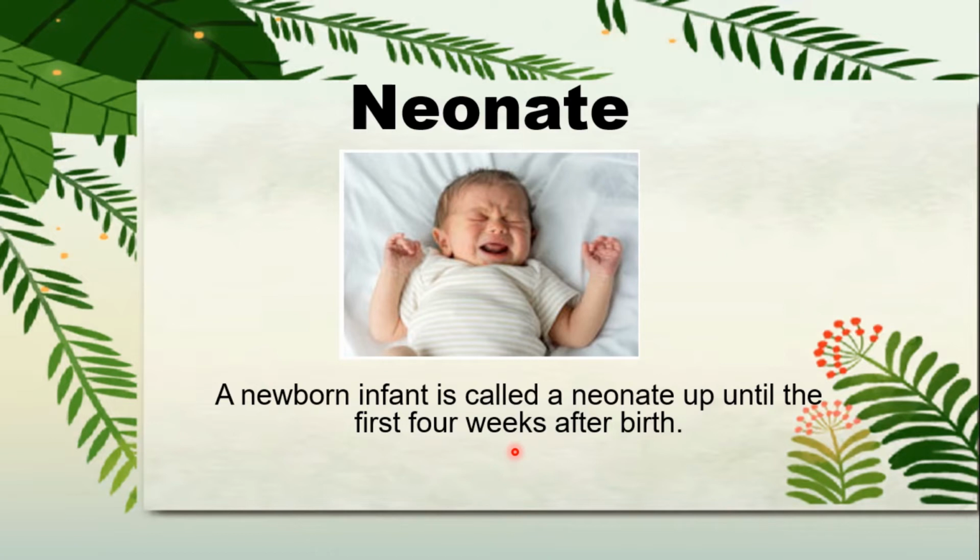So they also grow more rapidly during their first year than they will at any other time during the rest of their life. So a newborn infant is called a neonate up until the first 4 weeks after birth. So a neonate, like the crying baby picture, does not usually look like the plump, chubby-cheeked Gerber baby that most people envision when they hear the term baby.